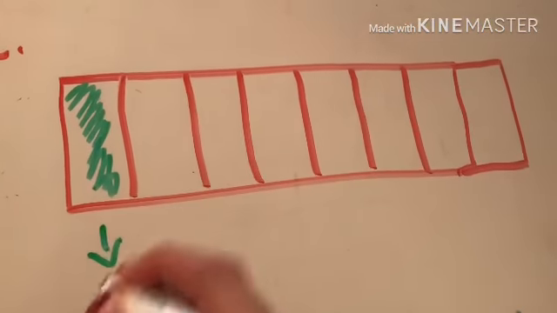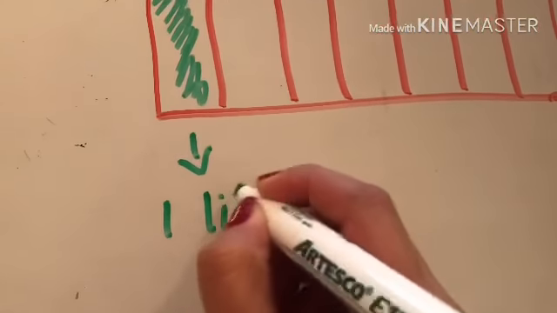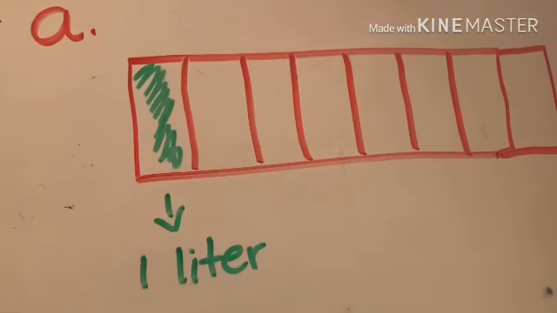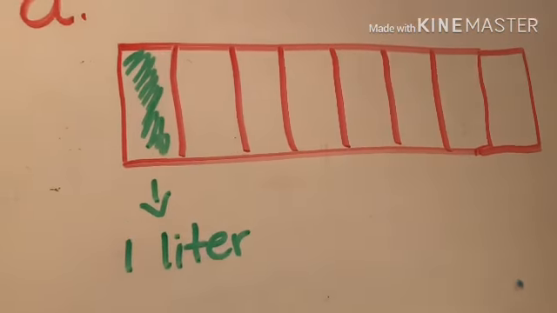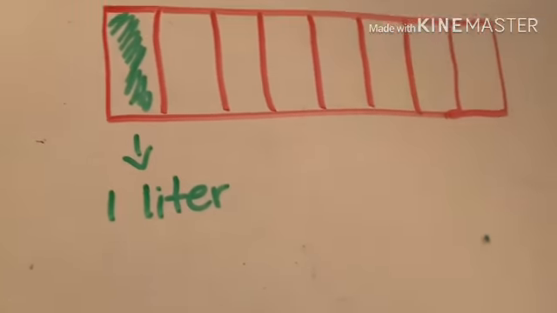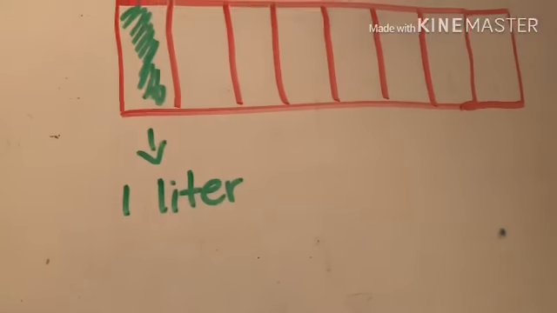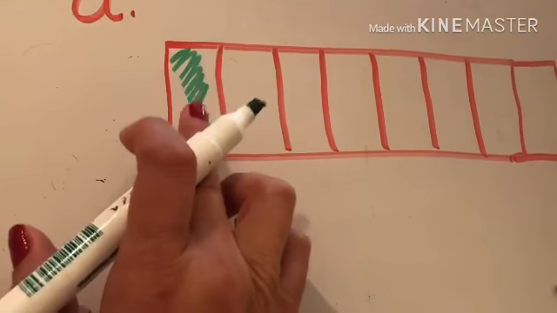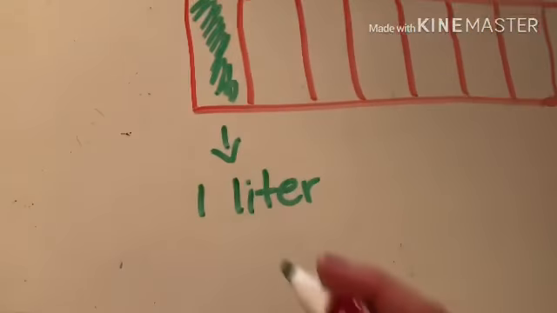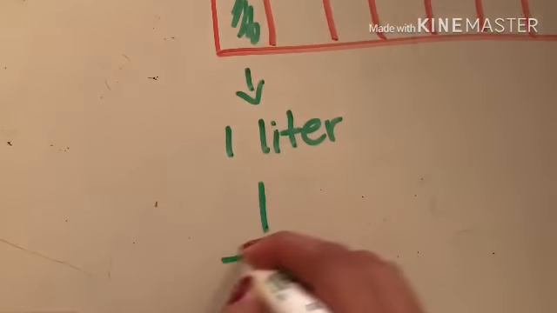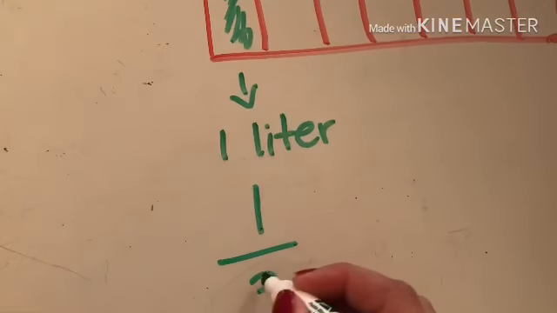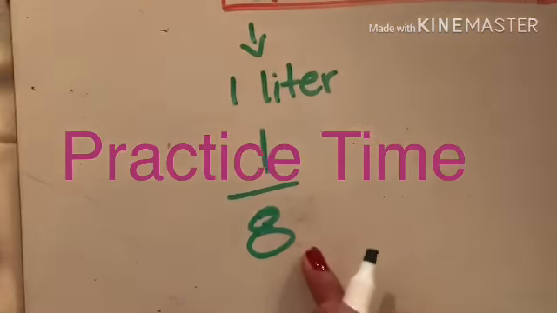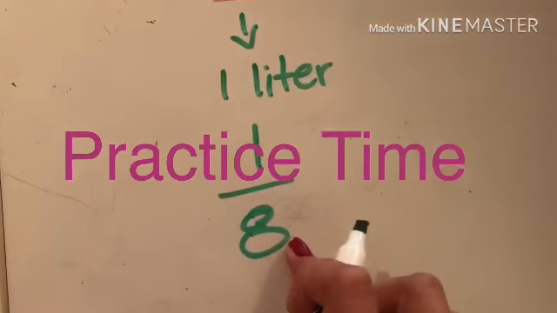So what fraction of soda did his guests drink? If I only have 1 piece of my whole, my fraction will be 1/8. 1 out of 8. 1 liter out of 8.